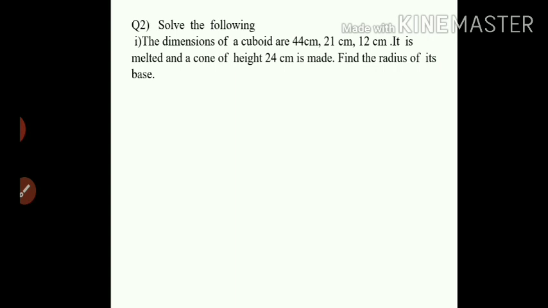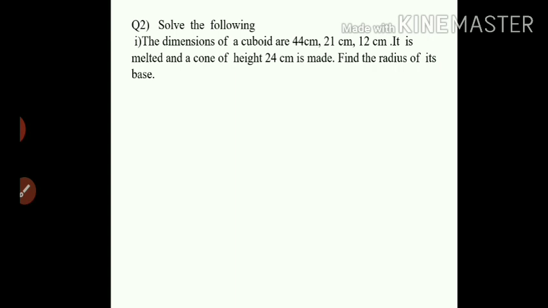It is melted and a cone of height 24 centimeter is made, means cuboid is melted and then a cone is formed for which the height will be 24 centimeter. Find the radius of its base.